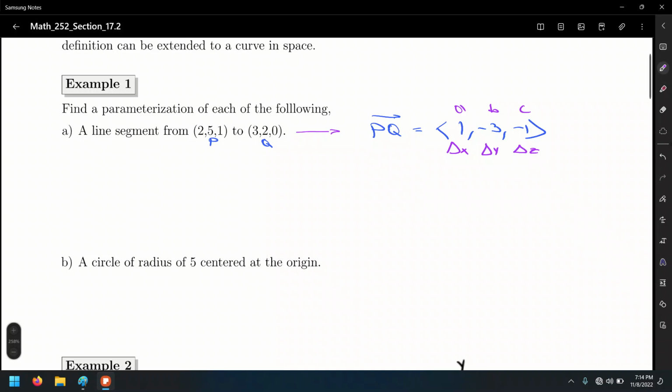Although there are many ways to parameterize a linear segment, throughout this chapter I will go with what I think is the easiest one, especially when it comes to evaluating these line integrals. So we don't want to complicate ourselves.